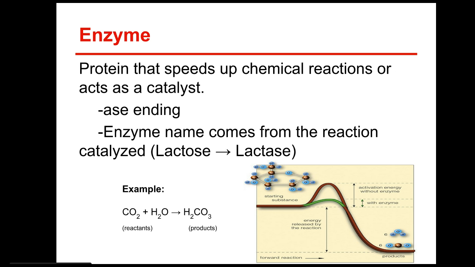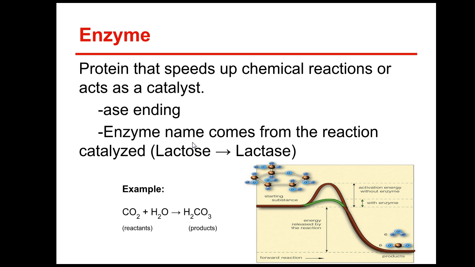All right, and here's an enzyme right here. It's a protein that's going to speed up a chemical reaction, or act as a catalyst. Remember, a catalyst speeds something up. Enzymes have an ASE ending, and the name of your enzyme will come from the reaction that is catalyzed, or the reaction that's sped up. So for example, we're going to talk about lactose in the milk lab.